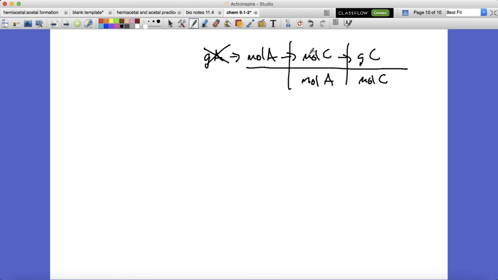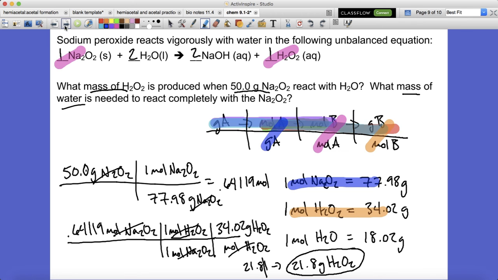This time again, I'm going to use a different ratio, right? So from my equation, I'm trying to relate this time my water to the sodium oxide, right? So I need a different ratio.